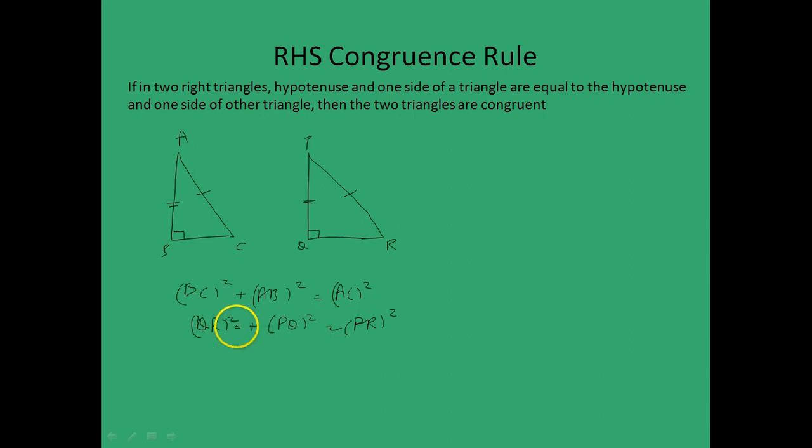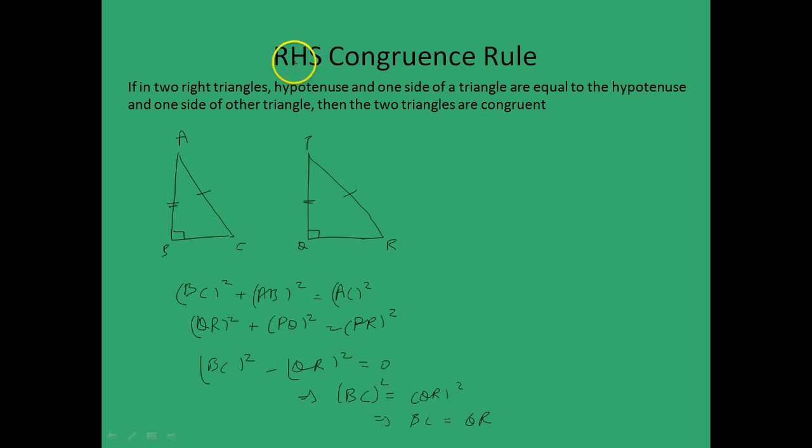And if we subtract this from this, you have BC squared minus QR squared is equal to 0. This implies BC squared is equal to QR squared. This implies BC is equal to QR.